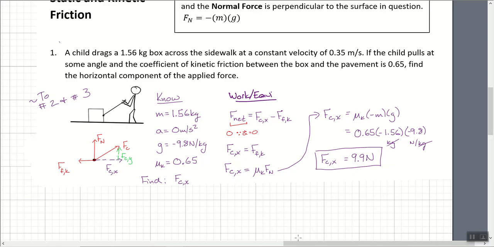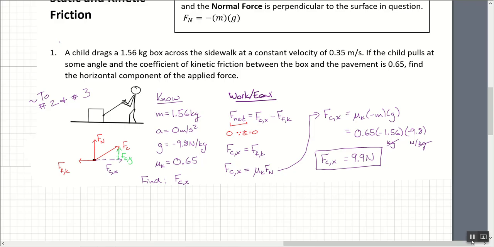We have one example. I want somebody to go ahead and pause this now, and I want you all working with your neighbors to try to work through number 2. And as you're doing so, I will also do it, but I'm going to pause it.